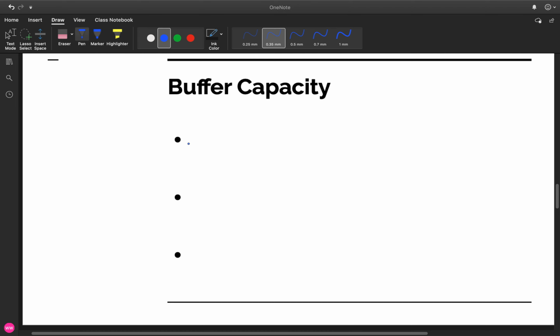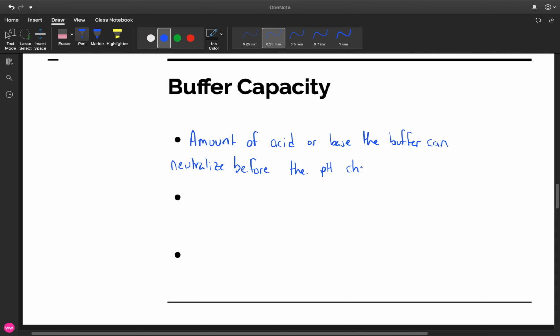So once again, the buffer capacity refers to essentially the amount of acid or base the buffer can neutralize before the pH changes considerably.